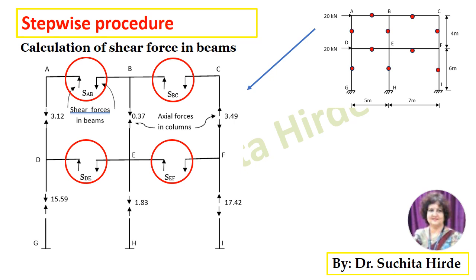So show similar arrows and complete this free body diagram. Then consider each joint and apply summation of vertical forces equal to 0 and calculate the values of shear forces in the beam.